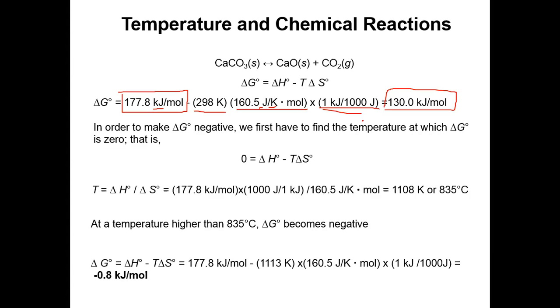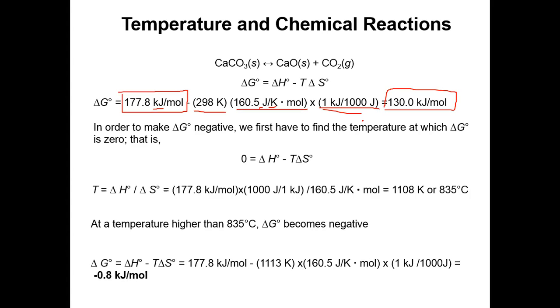So basically by changing the temperature, we can change delta G. It means that we can change the process going spontaneous or non-spontaneous. So let's see how to find out which temperature makes this process spontaneous.